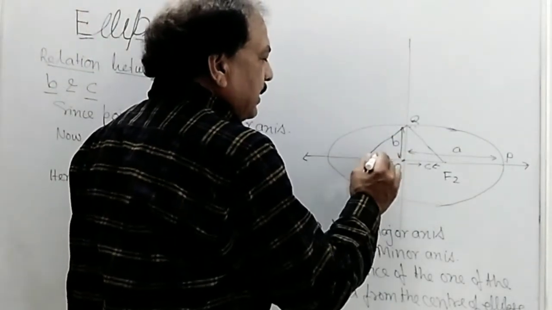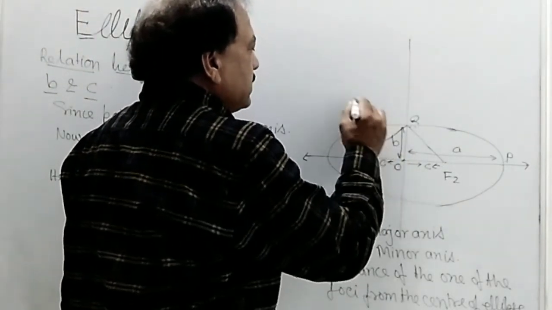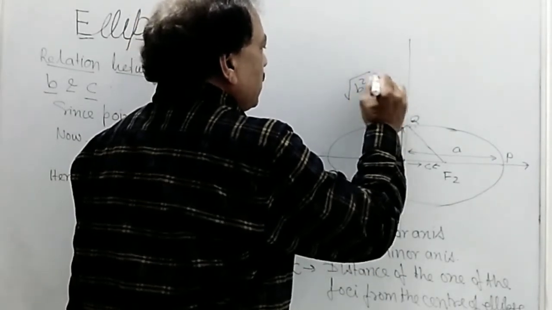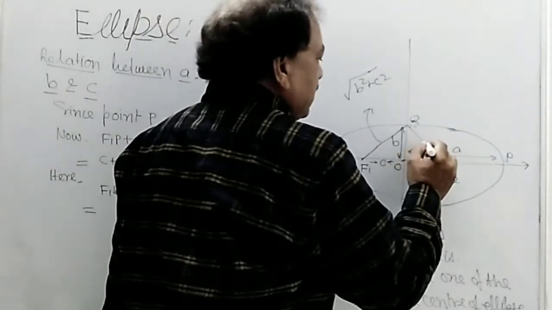This is a right angle, so we can write this distance as under root B square plus C square as per Pythagoras theorem.